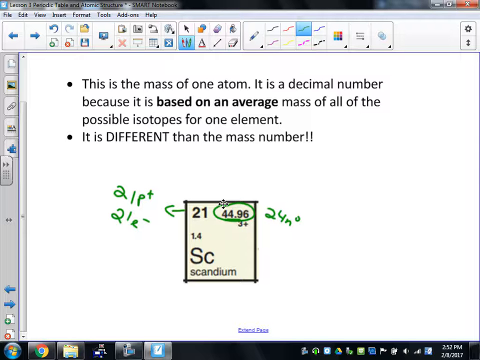What they've done to calculate that, and I'm not going to spend a lot of time on this because we'll talk about it again in Chem 20, is they averaged all the isotopes. So scandium comes in a weight of 45. It probably comes in a weight of 44. They've averaged all those based on the abundance of each one.